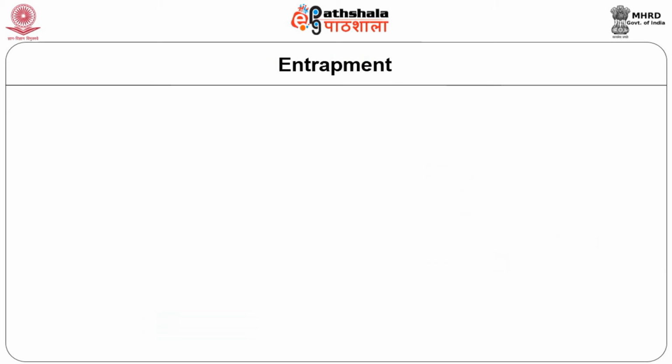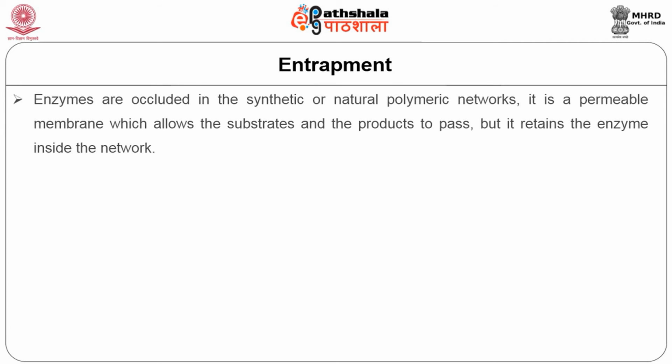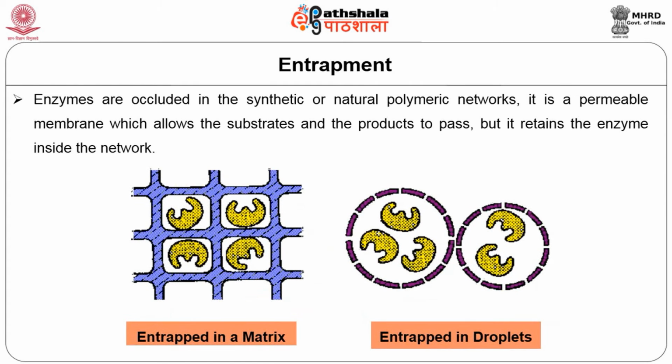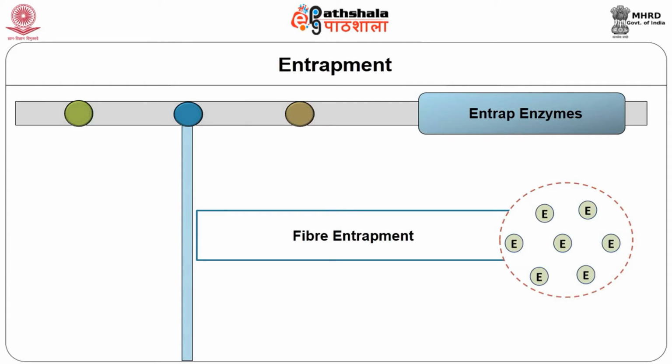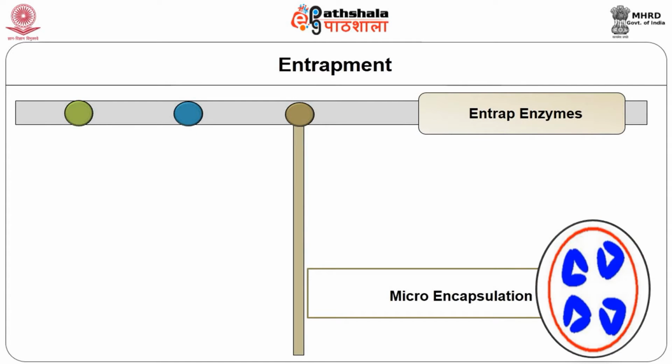The next method let us see is entrapment. Enzymes are occluded in synthetic or natural polymeric networks. It is a permeable membrane which allows the substrates and the product to pass through, but it retains the enzyme inside the network. There are different approaches to entrap enzymes, which include gel entrapment, fiber entrapment and microencapsulation methods.